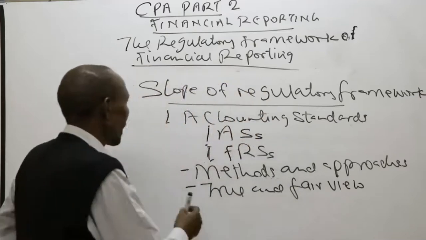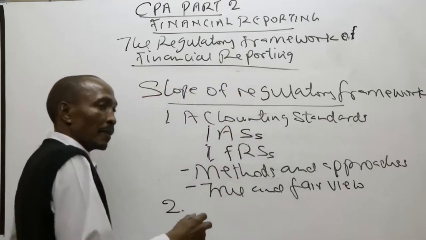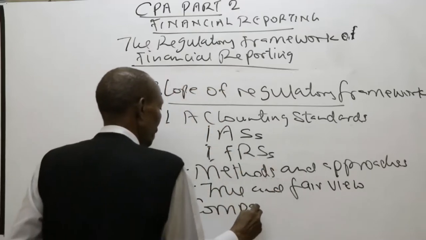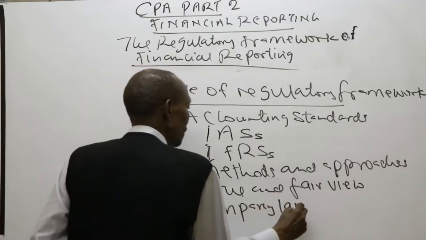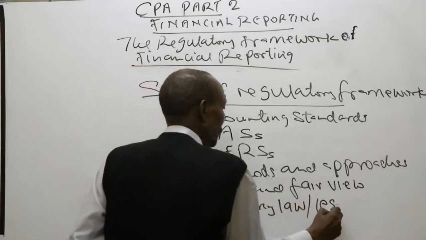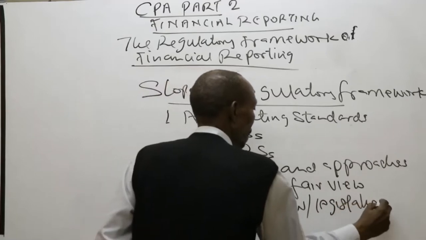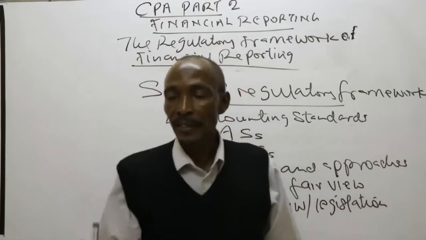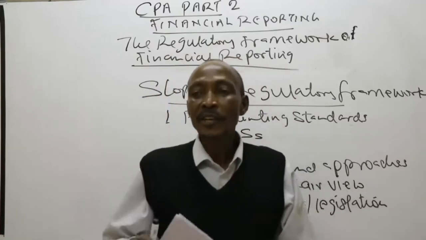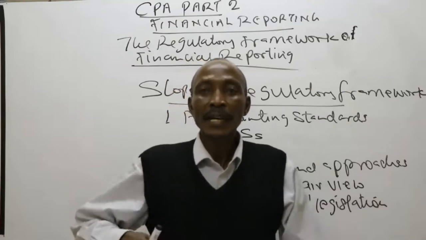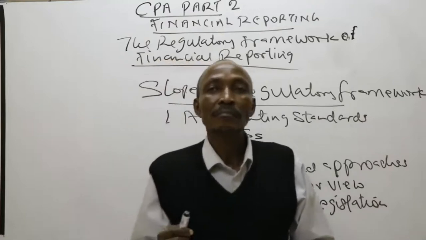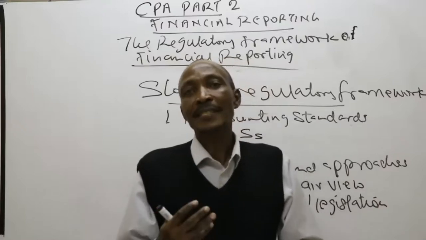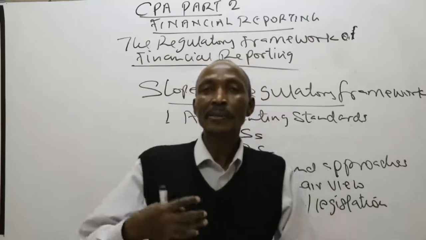The other component of this framework is the company law or legislation. Now, every country, rather every state, has got economic laws which govern how business entities, how public sector organizations must act when they are going about their business.